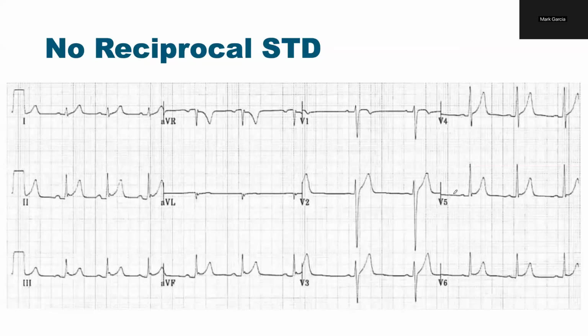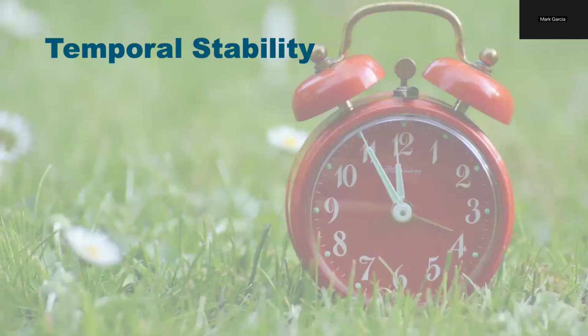I know that's V5 and V6 and aVL and 1. I don't see any ST depression in those regions, therefore, it's not likely to be a STEMI.